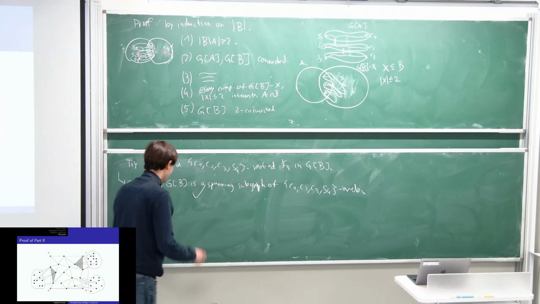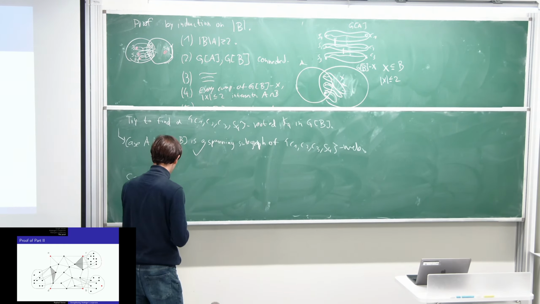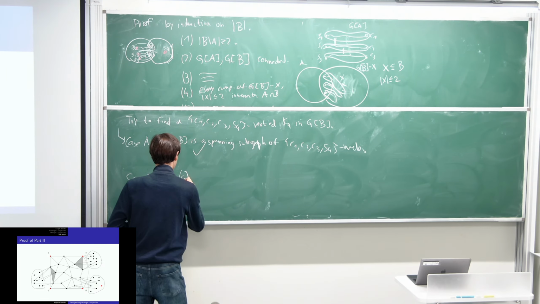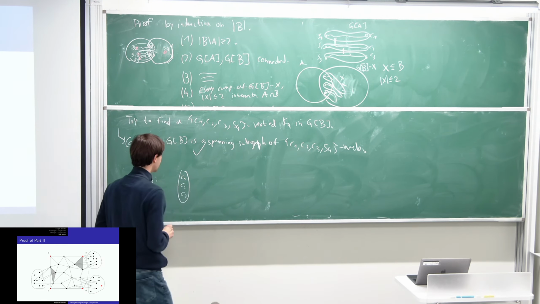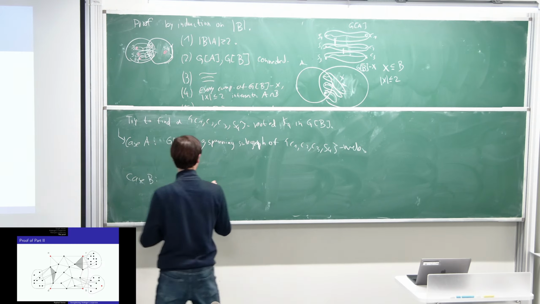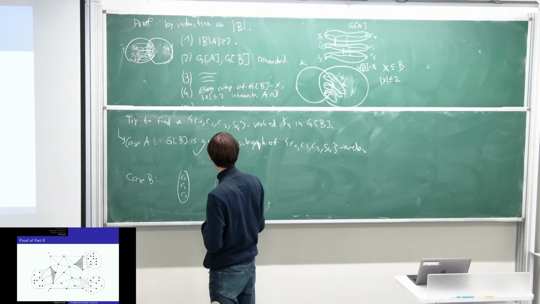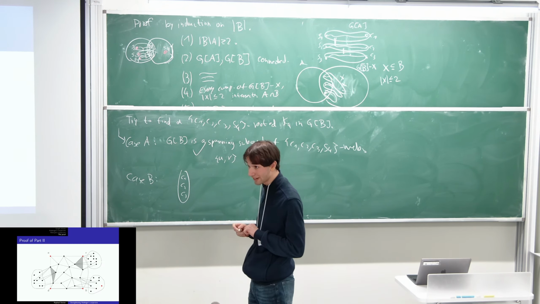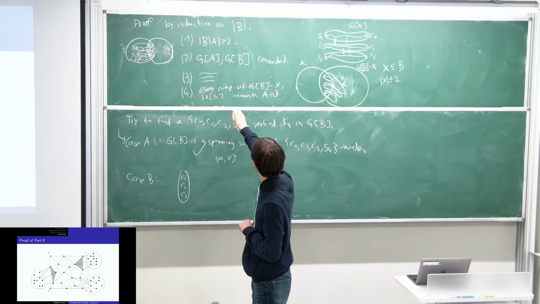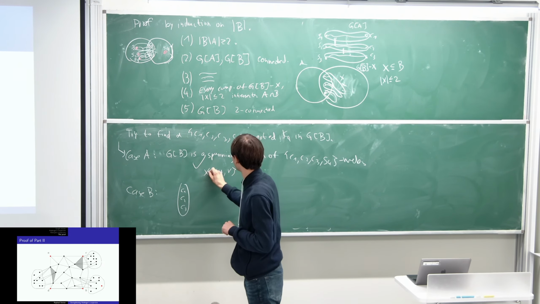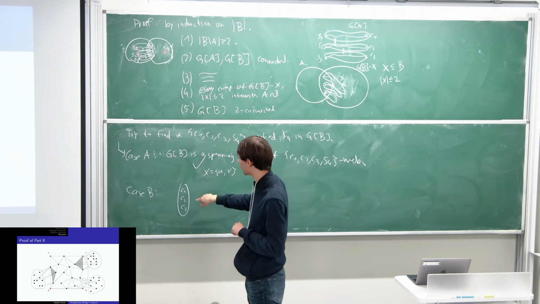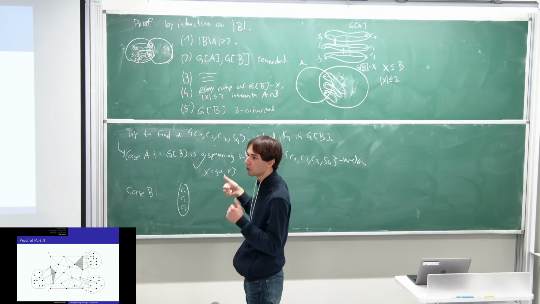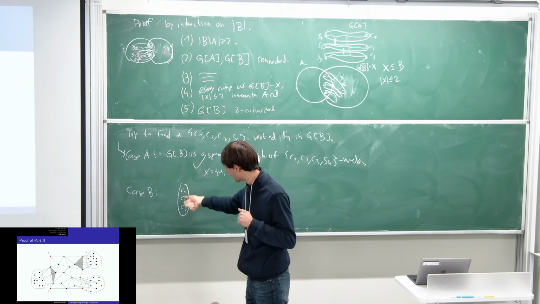So let me give you the picture here. So here's the separator, right? So these are separator vertices. And now we have two other vertices, u and v, such that killing them creates three components, at least three components. But actually, we know that they have to create exactly three components, because remember the claim that if we have a set x of size 2 and we kill it from v, then every component contains one vertex from the separator.